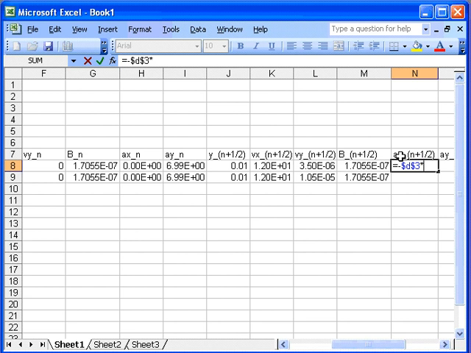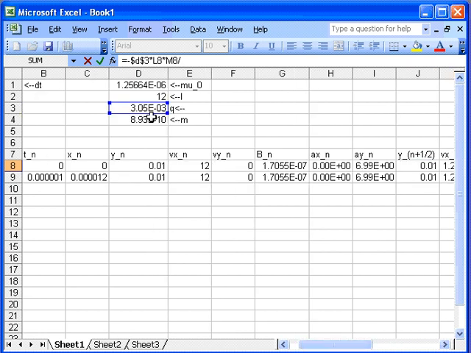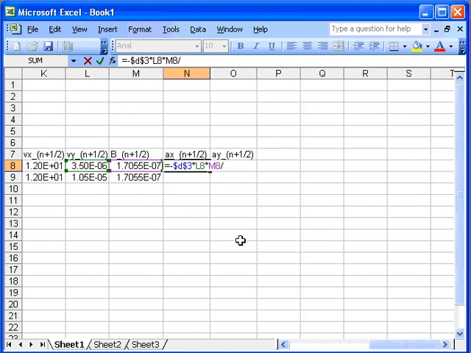I'm working on X. I need the Vy for the n plus a half, and then times the B, QVB over, I think it was M, which is $D$4.